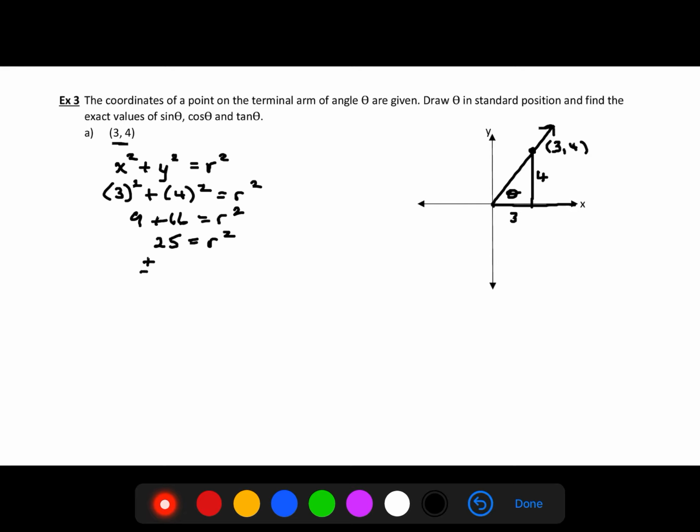Remember that when we square root a number, we have to take into account that it could be the positive or negative. And we know a radius can only be positive, so we're now going to eliminate the negative value. Okay, we know a radius has to be greater than 0 because it's a measure of distance. So r is equal to positive 5.